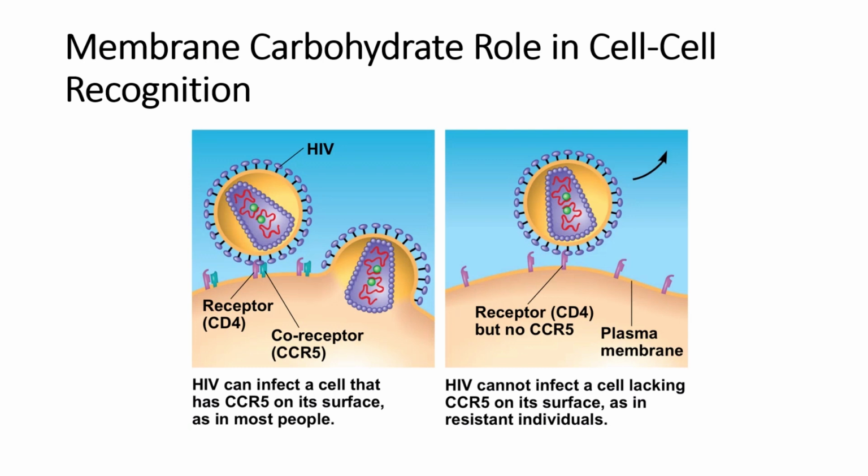Okay? More common than the glycolipids, they end up forming glycoproteins. So glycoproteins are far more numerous than glycolipids. Carbohydrates on the external side of the plasma membrane will vary according to species, individuals, and even cell types within an individual. Okay, so again, a huge amount of variation.